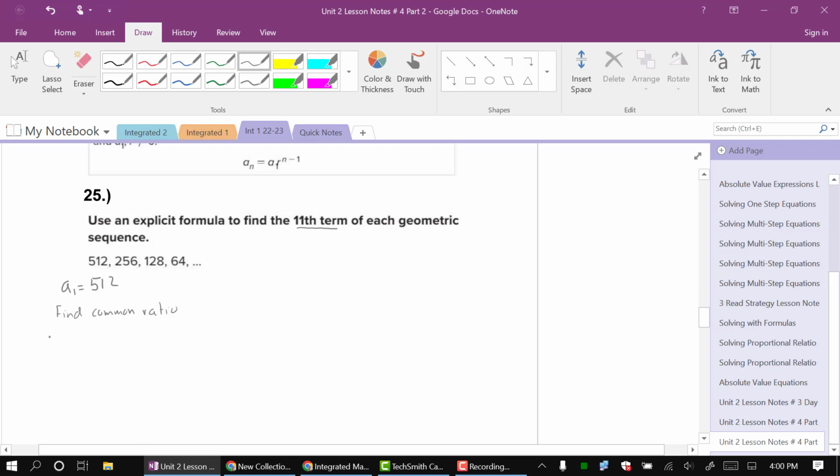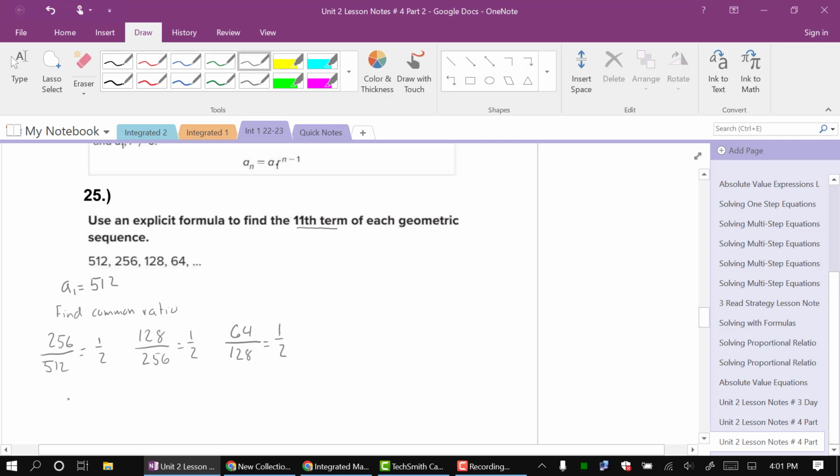So I'm going to go 256 divided by 512 gives me 1/2. 128 divided by 256 gives me 1/2. 64 divided by 128 reduces down to 1/2.